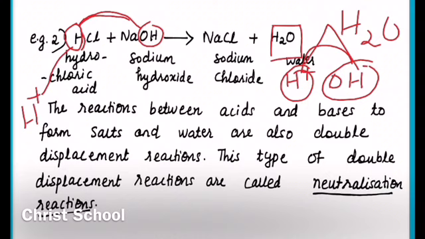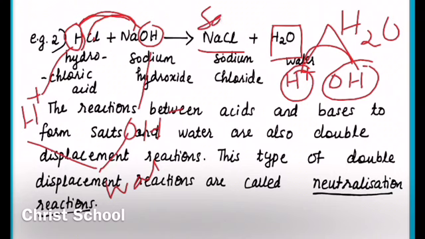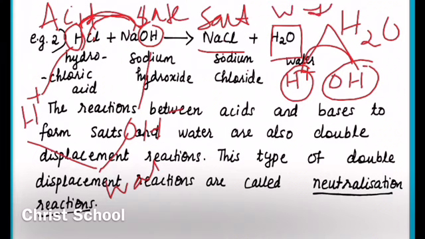So H+ of acid will react with OH- of base to form the first product, water, H2O. Then what is left? Second cation and first anion. Sodium combined with chloride. What is the product? Sodium chloride, formula NaCl. So sodium chloride is the salt here. Acid HCl reacts with base sodium hydroxide to form sodium chloride salt and water.